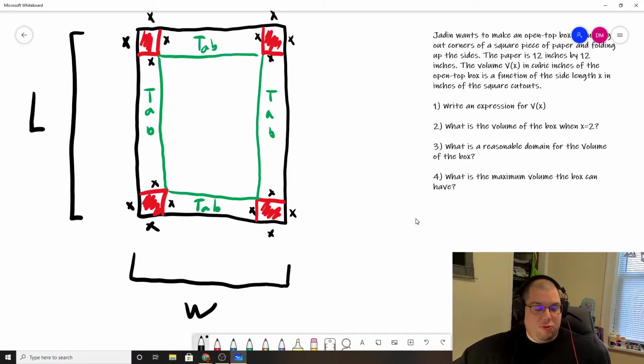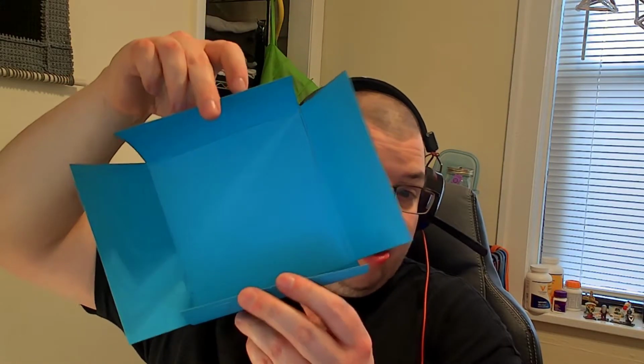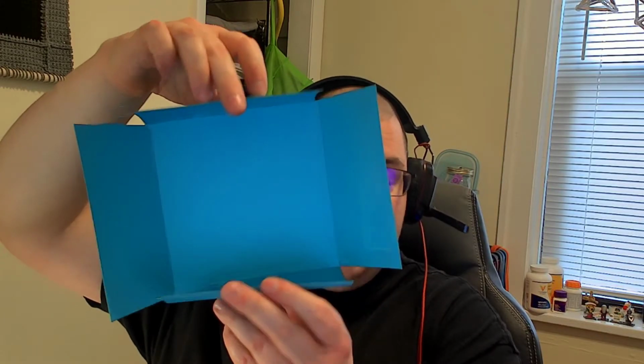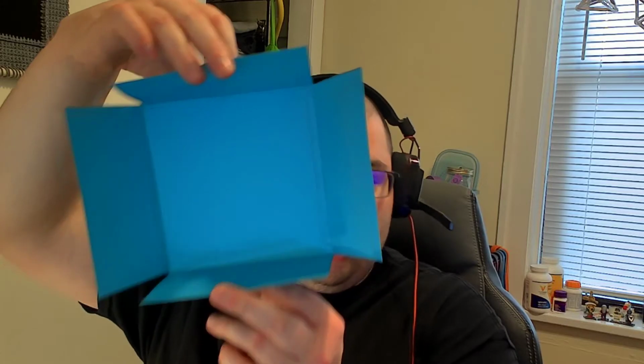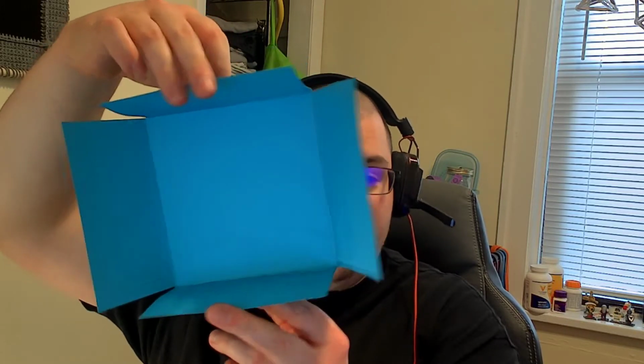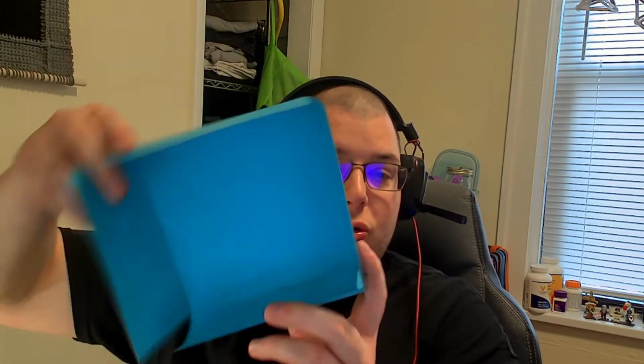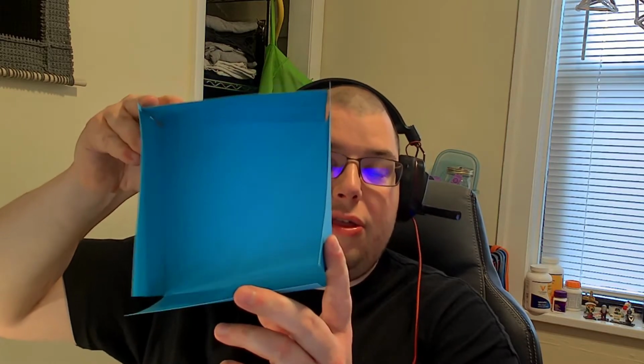But now, if you remember from my camera display, the original length gets folded along those lines, and those green lines from my picture are the new length and width of my three-dimensional box.